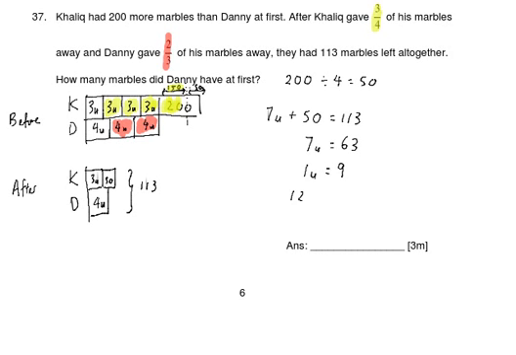Danny is just 12 units, so it's actually 9 times 12 equals 108. Okay, so all these questions that I've taught in class, you must have learned. Okay, next question.